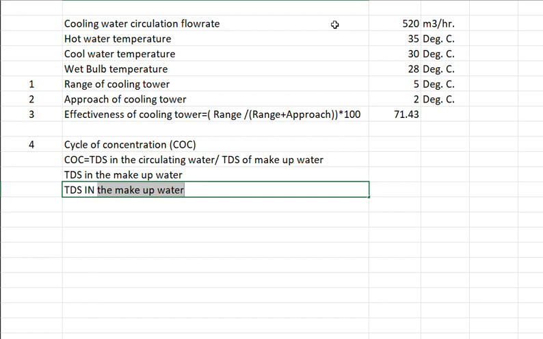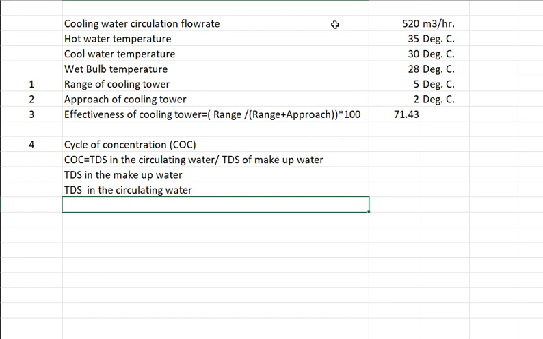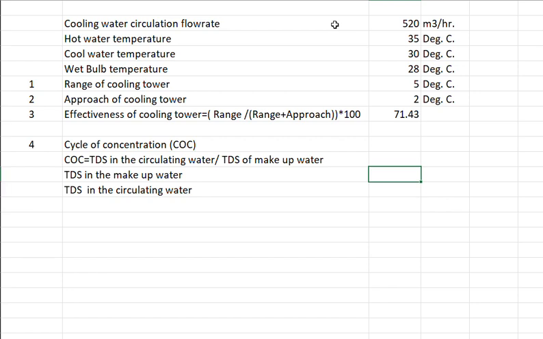Then the TDS in the circulating water. As the water is used in the cooling network through the piping, and atmospheric dust, mist or air gets dissolved or suspended in the water, the TDS level will increase.